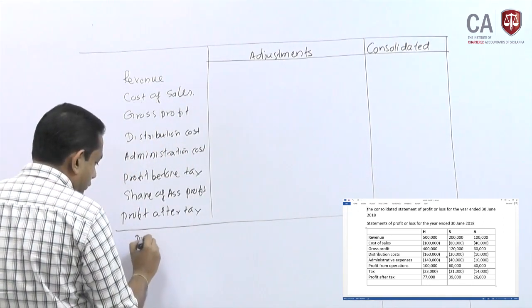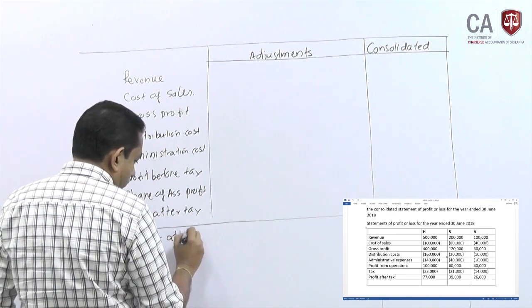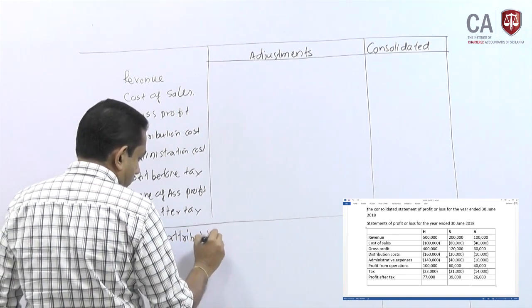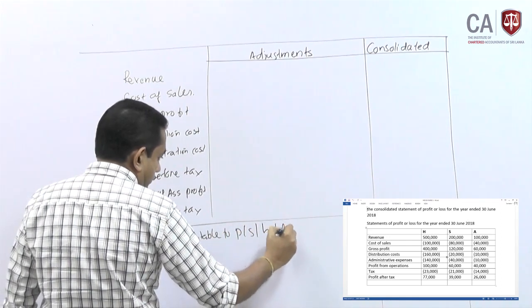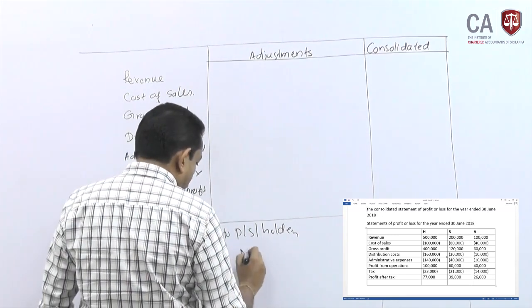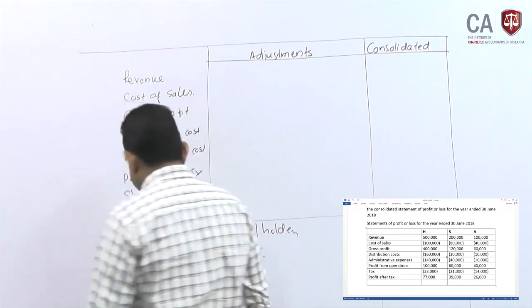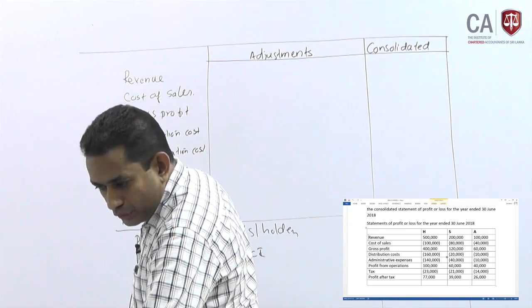Then say profits attributable to parent shareholders and the profits attributable to non-controlling interest. We will start with adjustments.